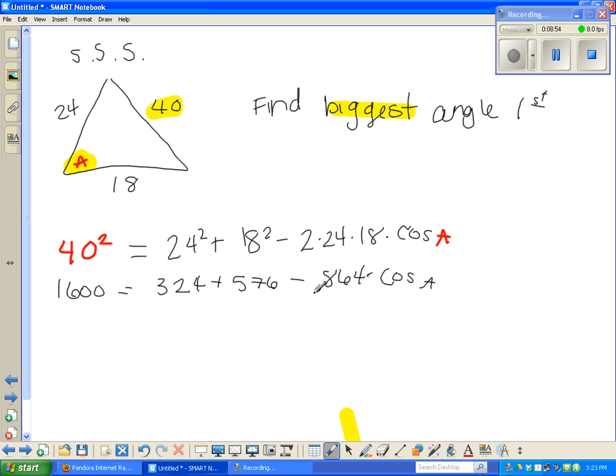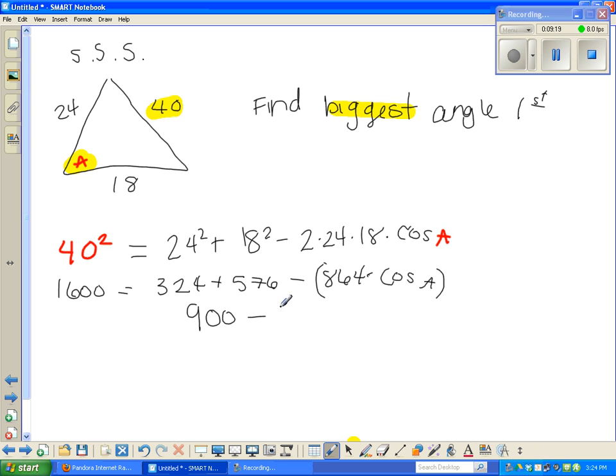So what you all want to do at this point is add 324 plus 576 and subtract 864. But you cannot do that because this is multiplication. So if it helps you, put a parenthesis around it right now. What you can do is add together 324 and 576. When I did that, I got 900.